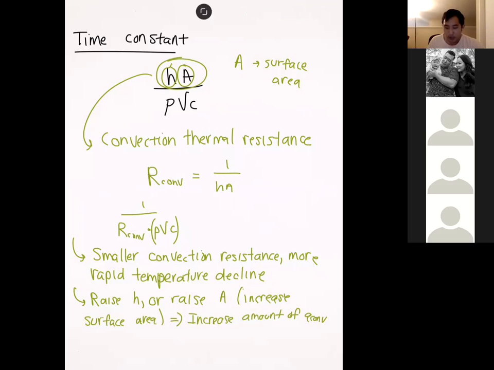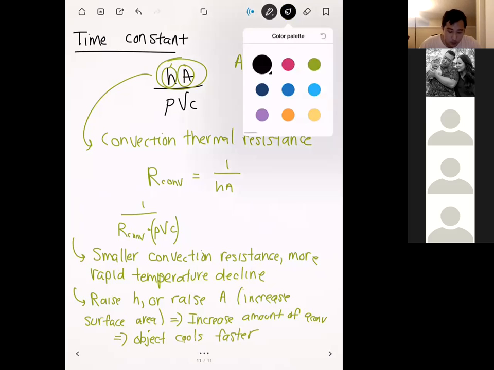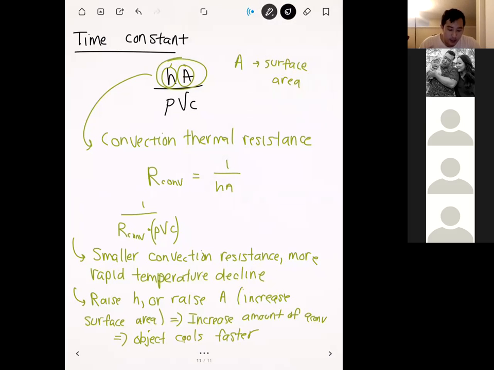And if we increase the amount of Q convection, this will make the temperature of our object decline faster, or in other words, it'll cool faster. So if you increase either of those, which are in the numerator of our time constant, we reach equilibrium a lot faster. All right, any questions on this?